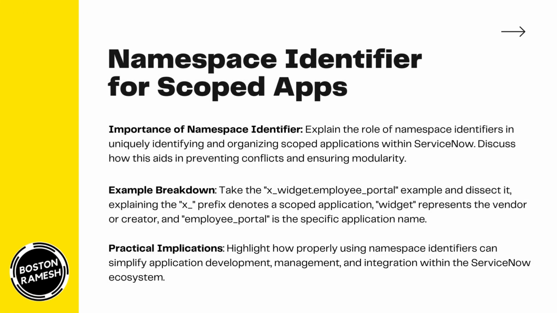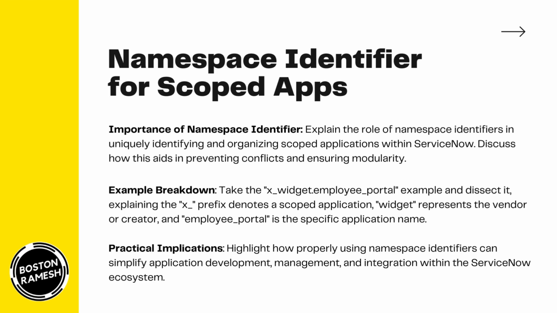So now we need to understand how the ServiceNow platform recognizes what is a scoped app and what is a global app. That means the scoped app will have a specific identifier, and in this case, it is called the namespace identifier. Let's look at an example and understand how ServiceNow creates that namespace identifier for a specific scoped app.